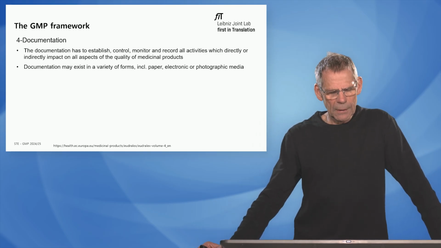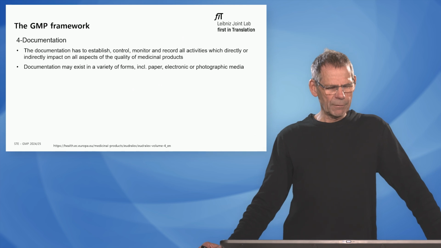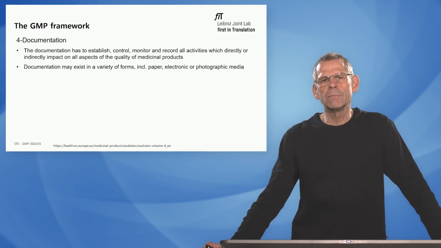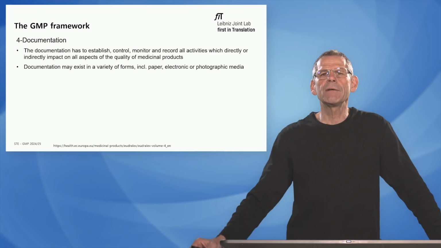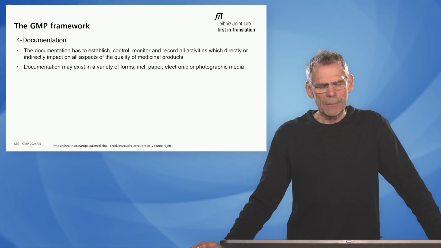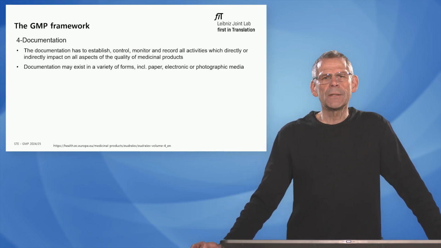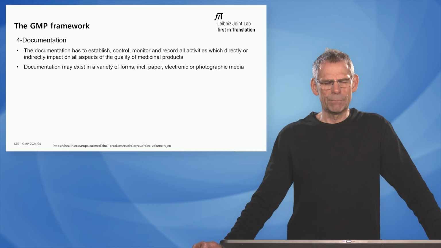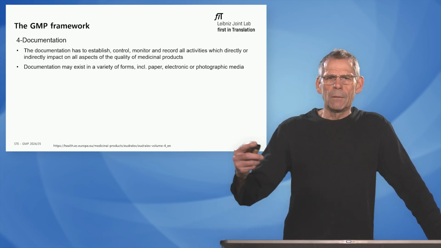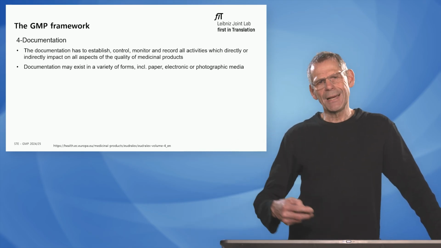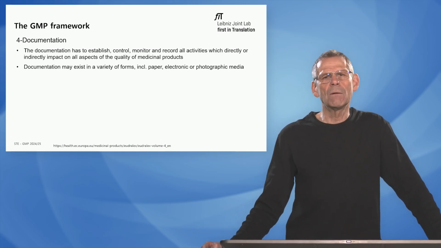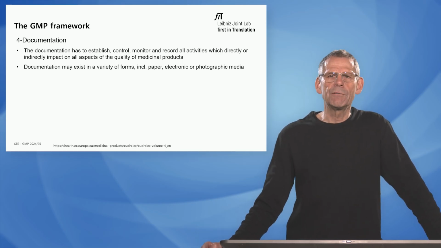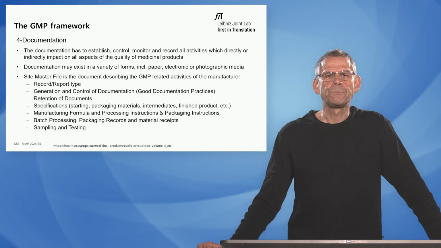It's also that we have documentation that may exist either in paper or electronic or photographic media. Everything is possible, but the documentation needs to be solid. You should not be able to modify retrospectively any of the documentation to change some data or some information that you gathered during the manufacturing.